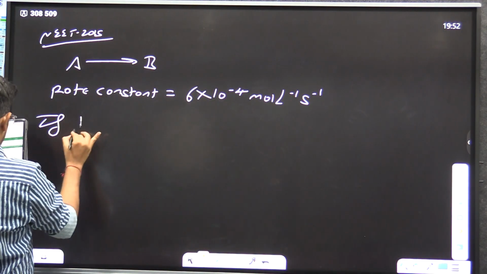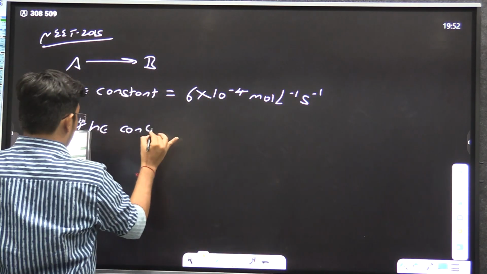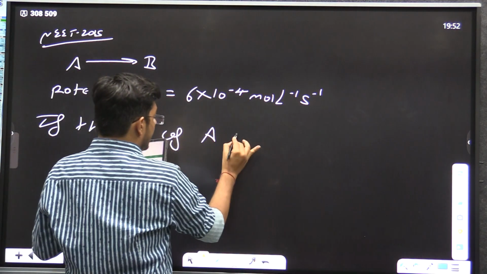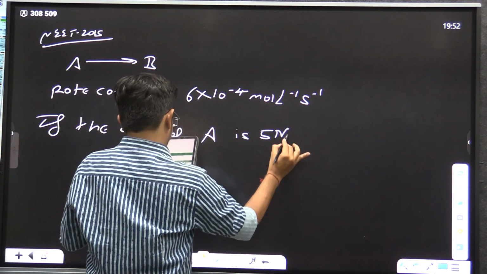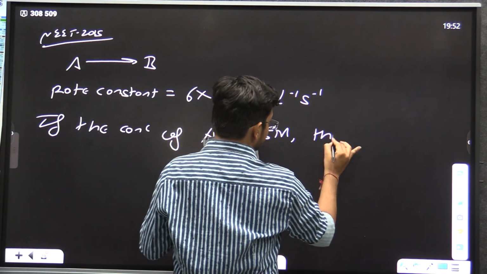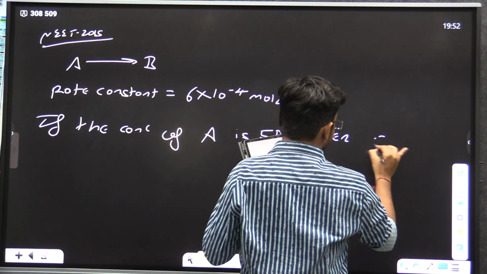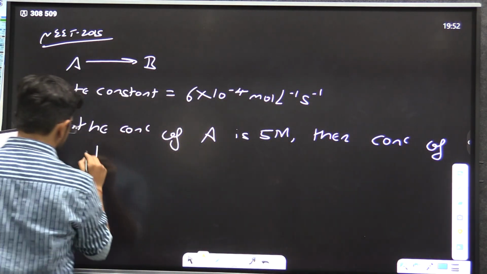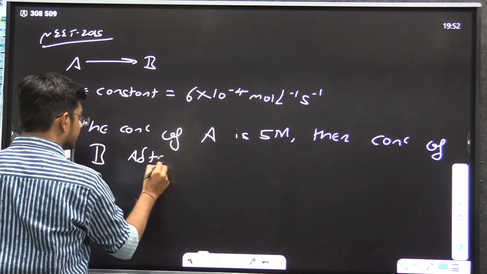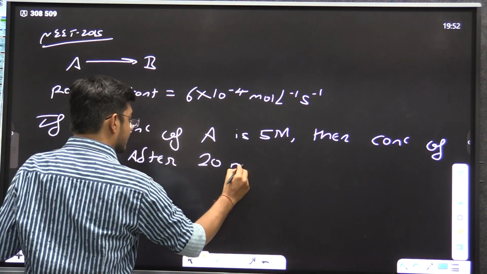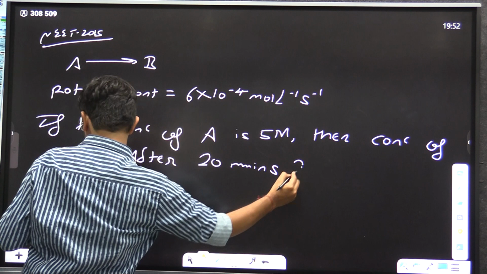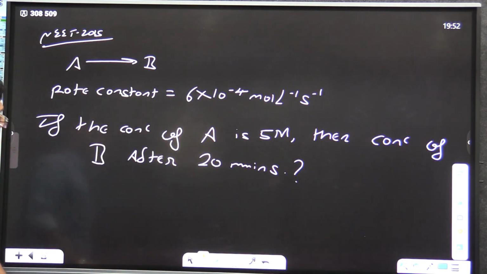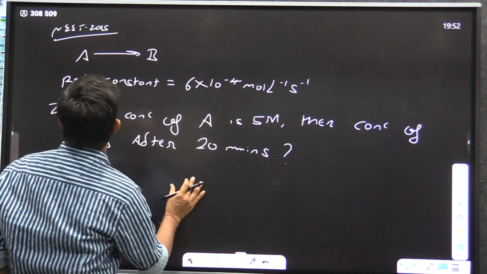The question is, if the concentration of A is 5 M, then find the concentration of B after 20 minutes. This is the question. Concentration of B after 20 minutes.